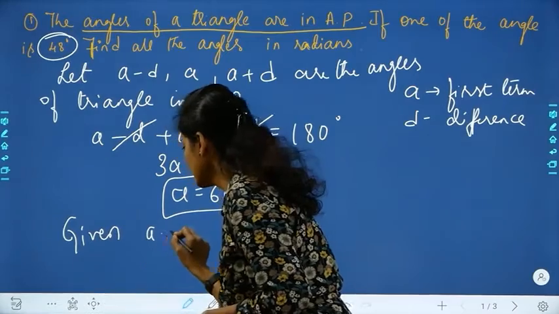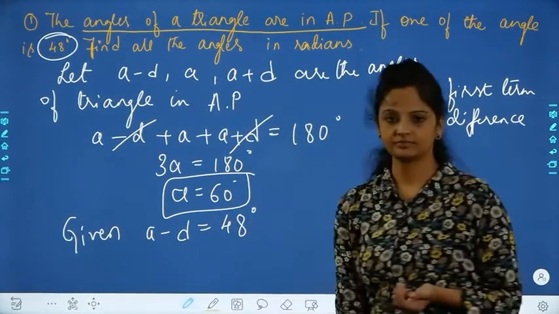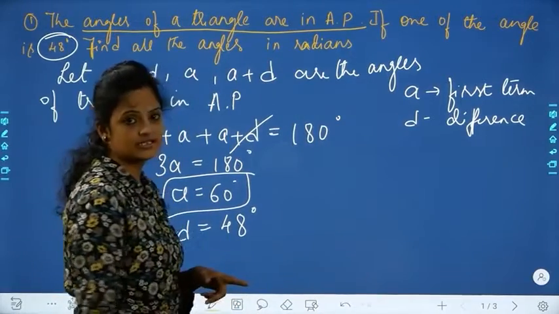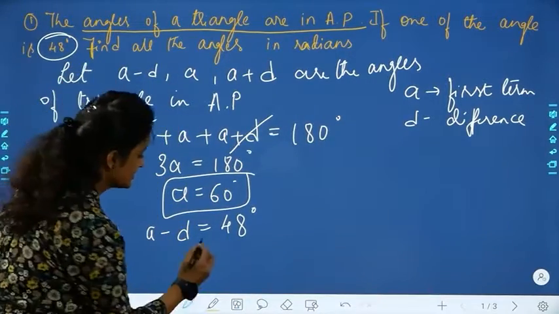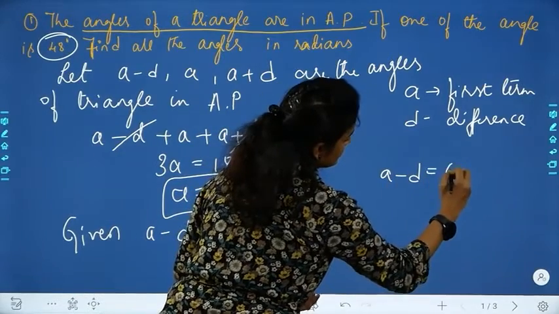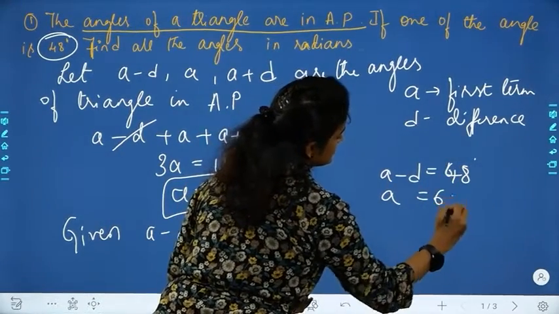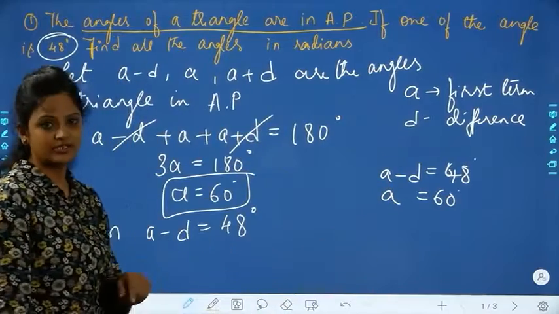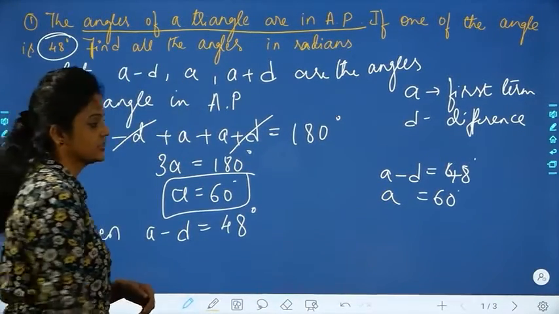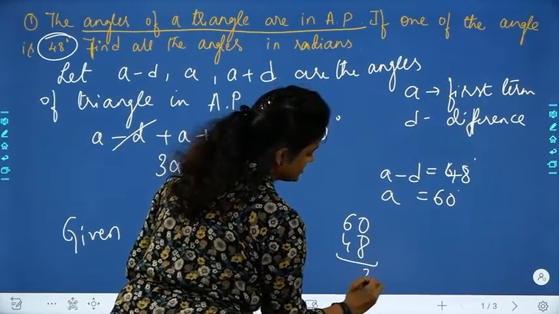So given that A minus D is 48 degrees, and A is 60 degrees, what will be the difference? To find A plus D, I have to find D first. For that I have to subtract and get the difference.